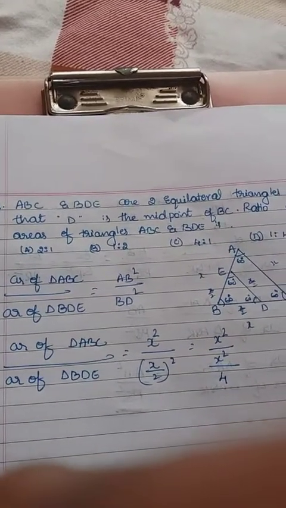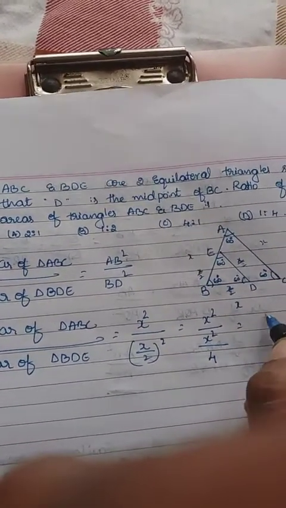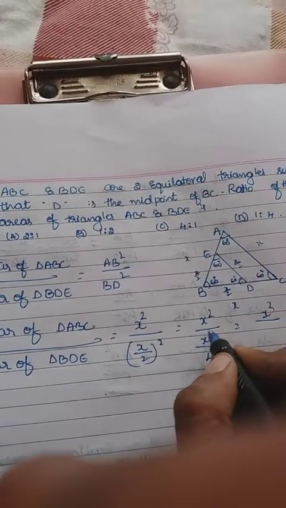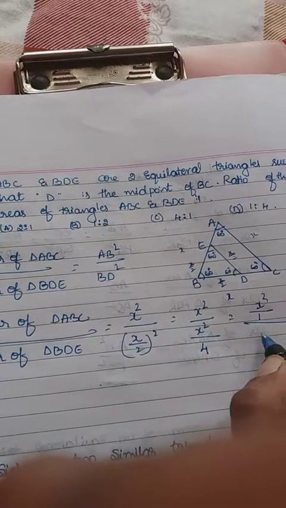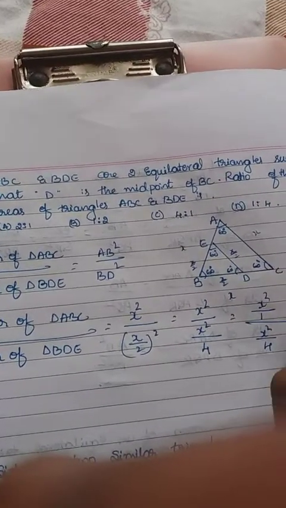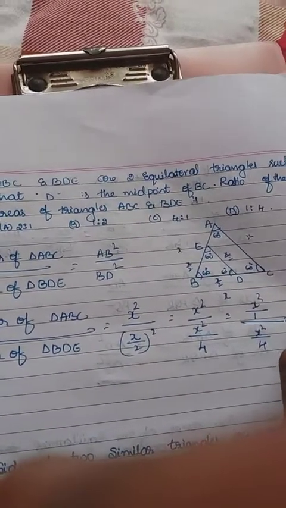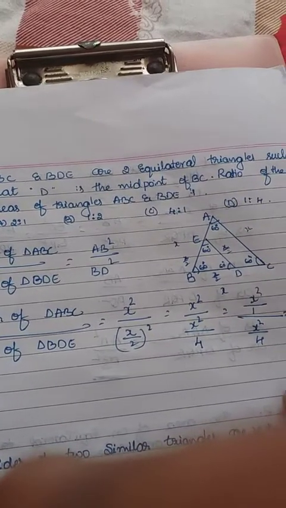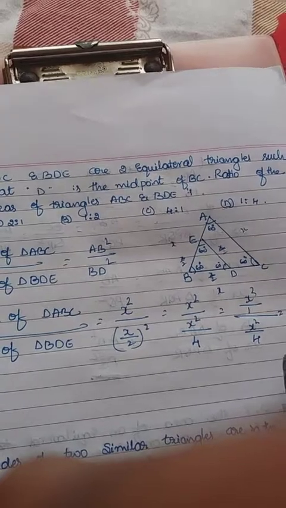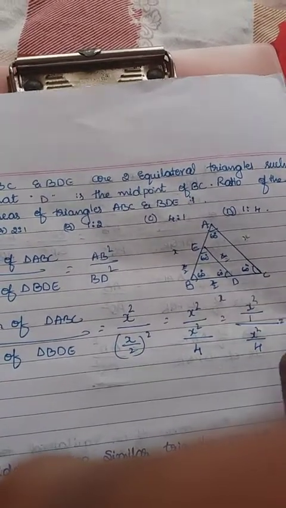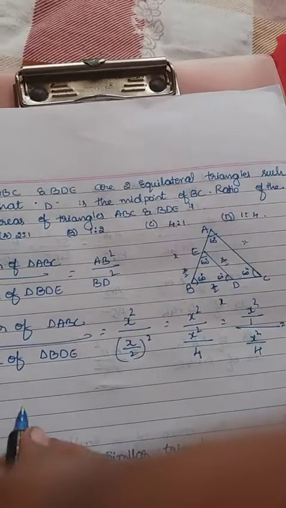2 twos are 4, right? So here the numerator is X square, and the denominator is X square divided by 4. If we do the cross multiplication, the denominator is interchanged, X square cancels with X square, giving 4 divided by 1.